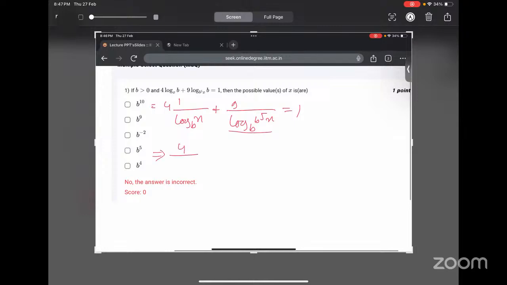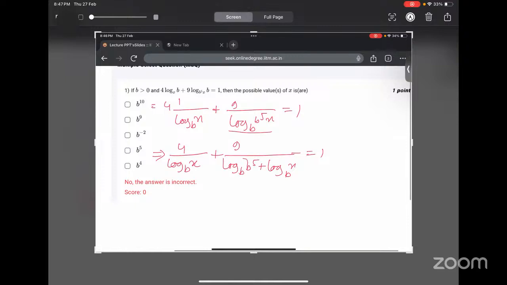So we will get 4 log_b x plus 9, right? We are applying the multiplication rule here.